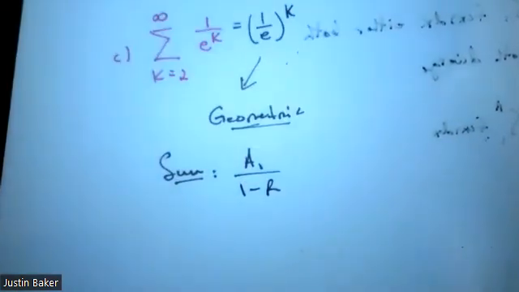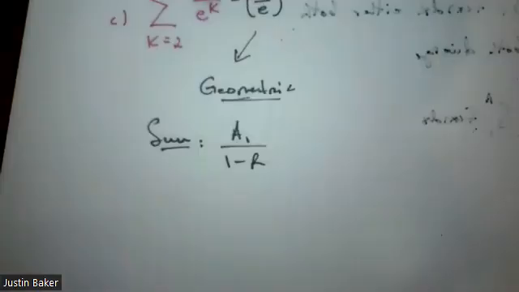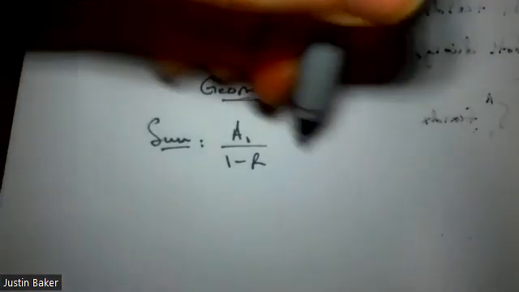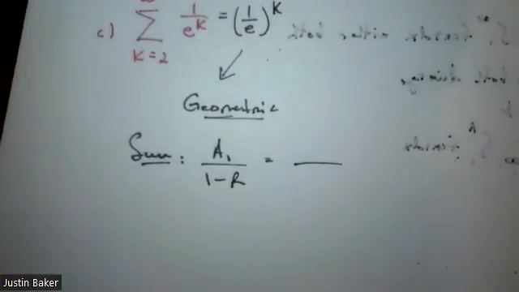And the sum would be the first term, a sub 1, over 1 minus the ratio. Now, they're not asking you to do any of that here. I'm just elaborating, telling you the stuff that I'm picking out and seeing. So the first term here would be what? If we plugged in, looks like 2 is the first term.